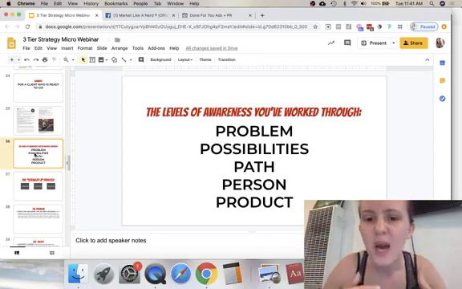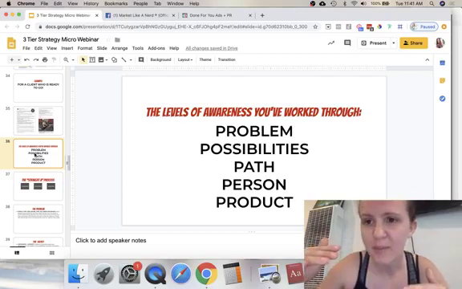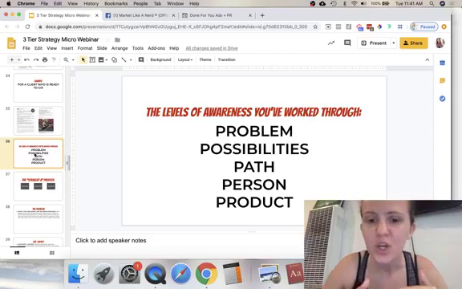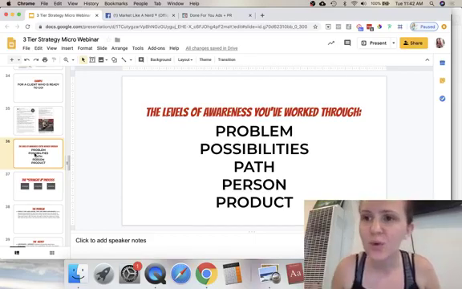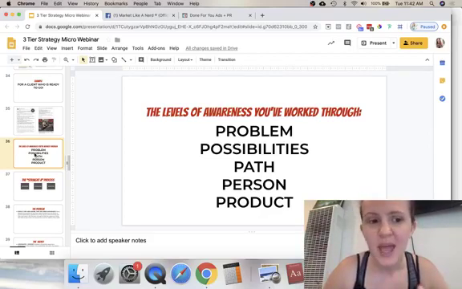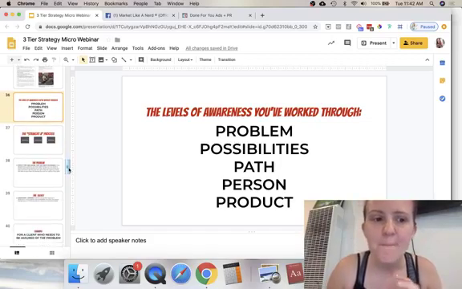You're going to help them become aware of the path they need to follow to solve that problem and get to that possibility. You're going to make them aware of you as the person who specializes in that path. And then you're going to make them aware of your product or your offering, whether it's the free gift or the paid offer. At that point, they are aware, but they might not be assured.